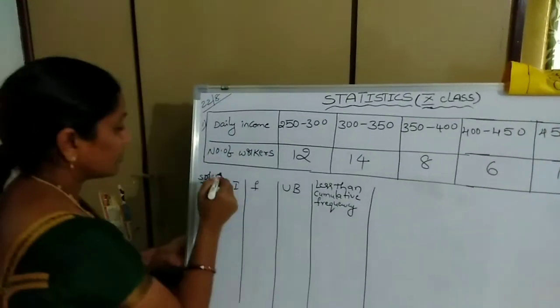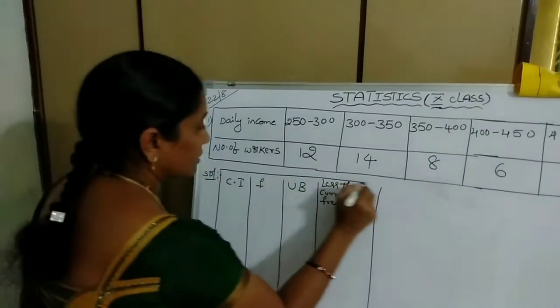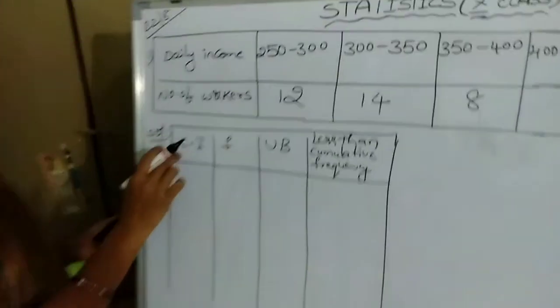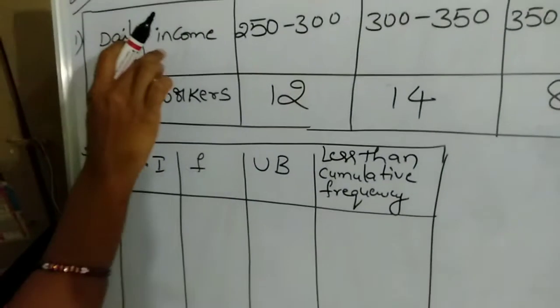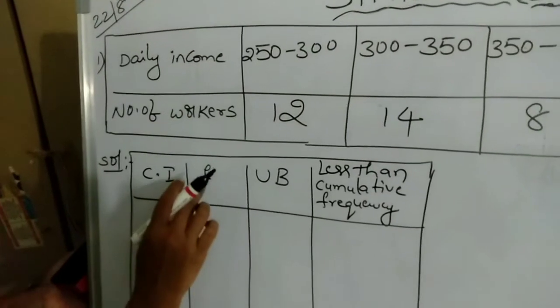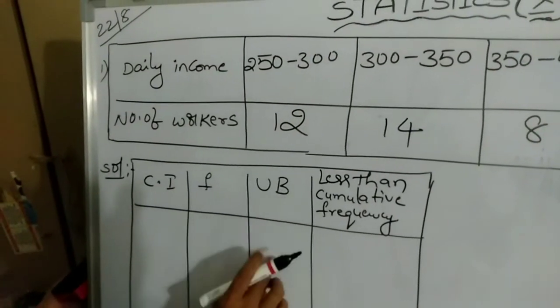These are the main columns in the solution table. Here, the daily income may be taken as the class intervals, the number of workers taken as frequency. We can write the upper boundaries and we can find the less than cumulative frequency.